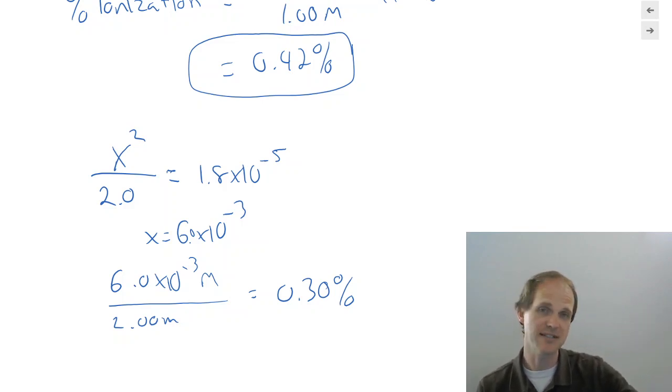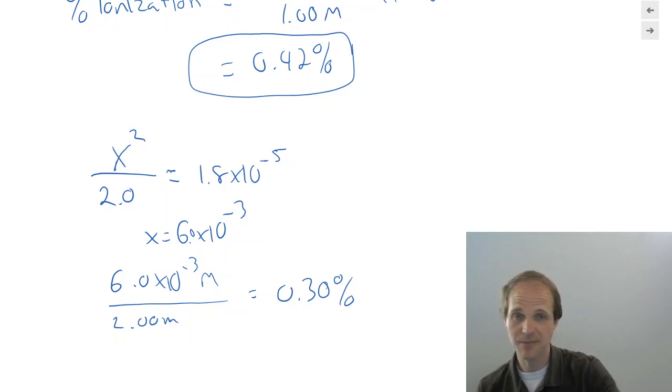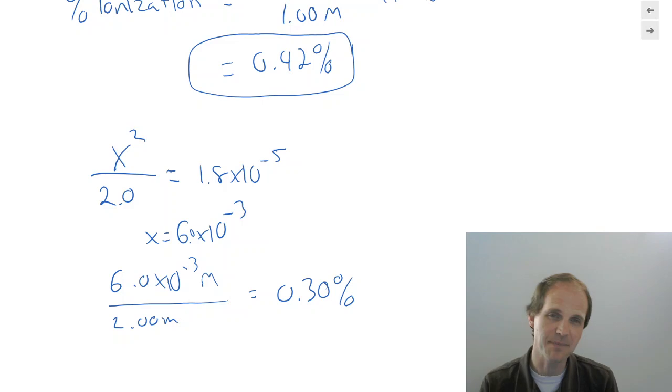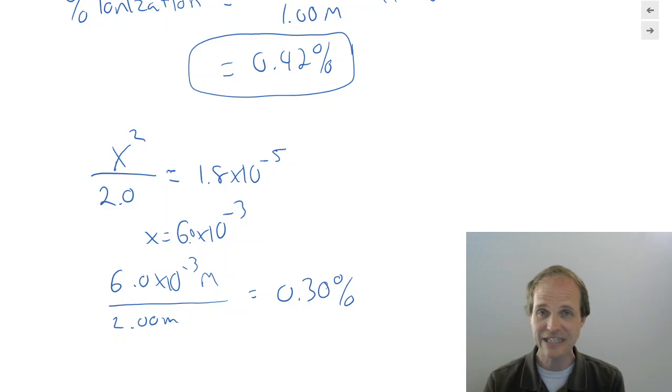That H+, when I add that from 1 molar to 2 molar, so I added another 1 molar, is now acting as the Le Chatelier kind of thing, which is driving my reaction back towards the left. It's not a perfect analogy, but it does kind of work. But just be aware that as my concentration of acid increases, my percent ionization decreases.